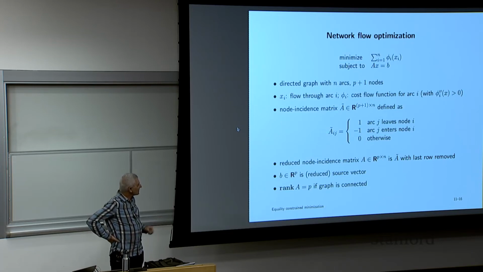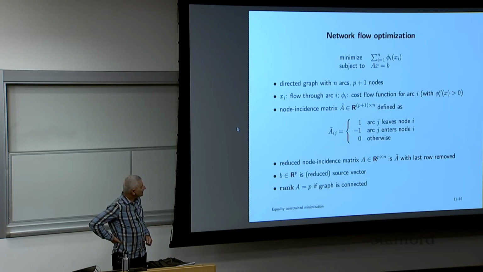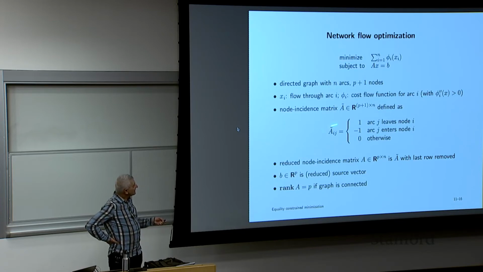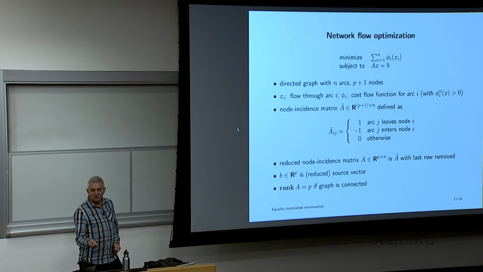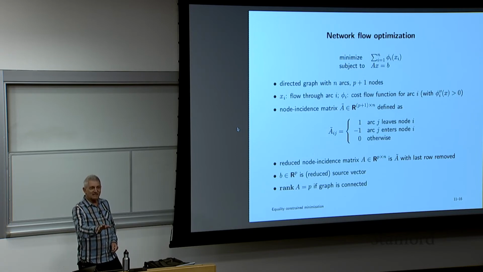This is because we're going to reduce it in a minute. A tilde is the so-called node incidence matrix. That's not full rank, so you remove one row and refer to one of the nodes as ground. Now I'm speaking EE dialect, but that's what you do.